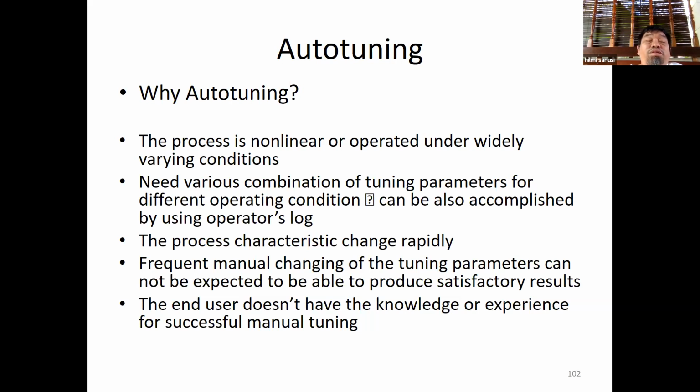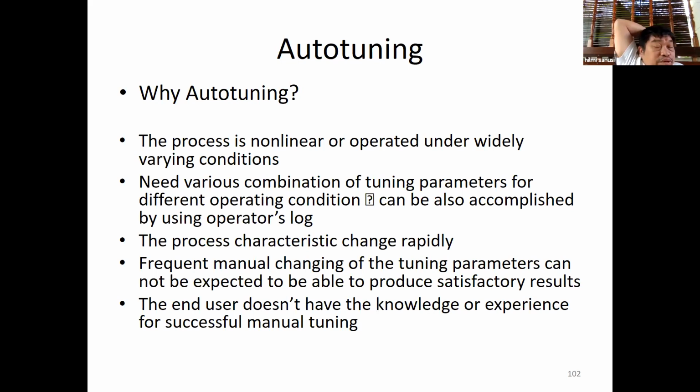So how can we do this thing? So the process is nonlinear or operated under widely varying condition. So you need various combination of tuning parameter for different operation condition. So this thing you can accomplish by using previous experience yang operator dah buat. Kalau dia buat macam ini, dia letak P value je macam ni, KI, KD value, it will looks like this.